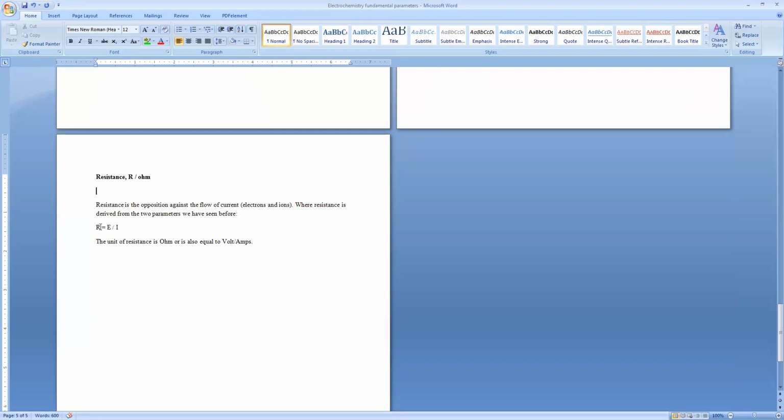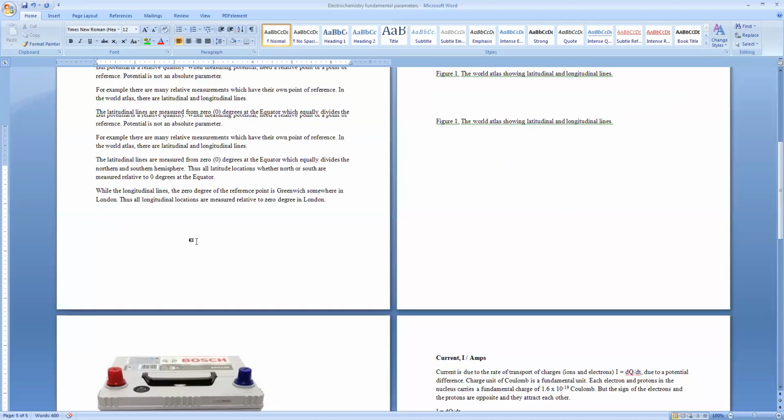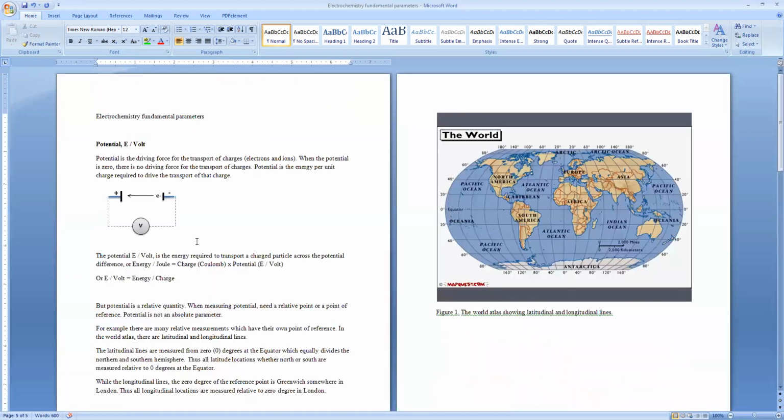The unit of resistance is volt per amp, which is also equal to ohm. So those are the parameters you must know before going into anything to do with electron transfer or electron transport, whether it's electrochemistry, electronics, electrical engineering, or electrochemical engineering. These are the 4 parameters which you must know.